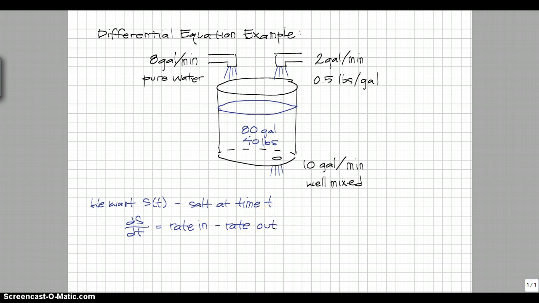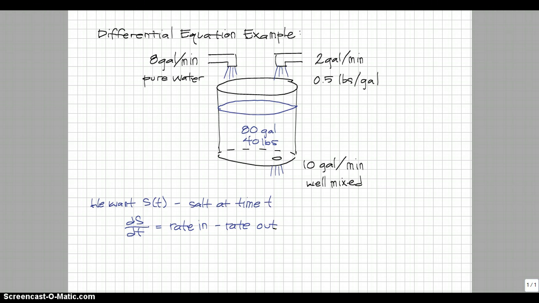And that's just common sense. But we're going to need to further transform this into an equation that's all about the variables t and s, so that we're able to work through our analytical steps.